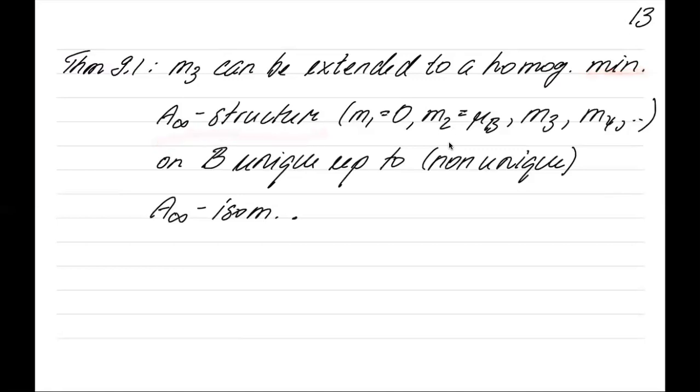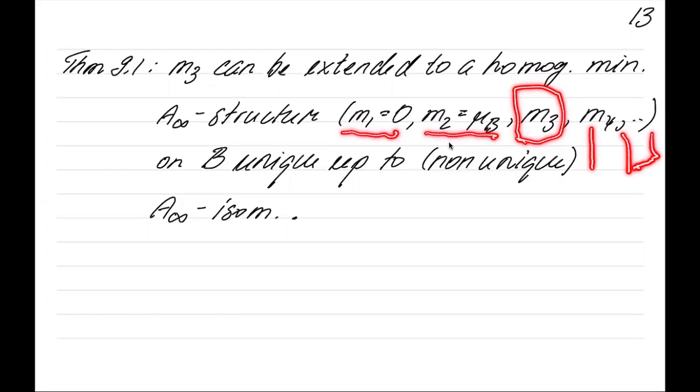So minimal means that M1 vanishes. M2 is the given multiplication of B. Then we have our chosen class M3, and then there are some higher multiplications which are non-explicit and which are shown to exist by showing that all obstructions to their existence vanish.